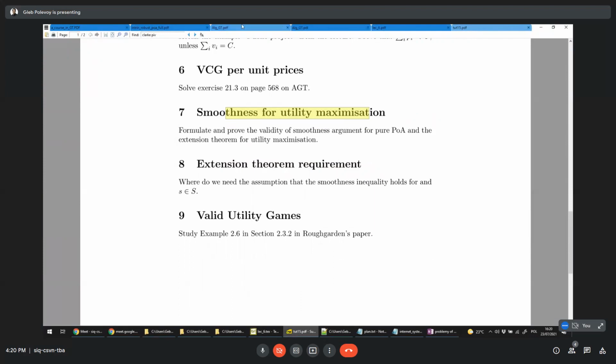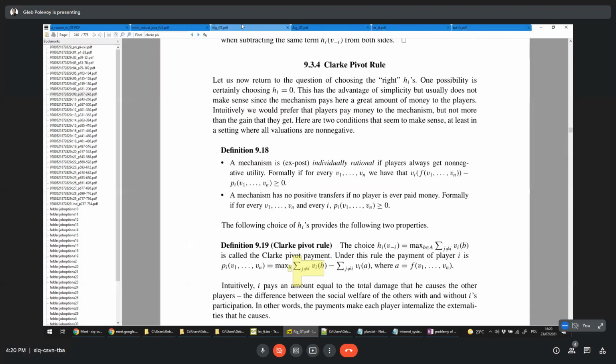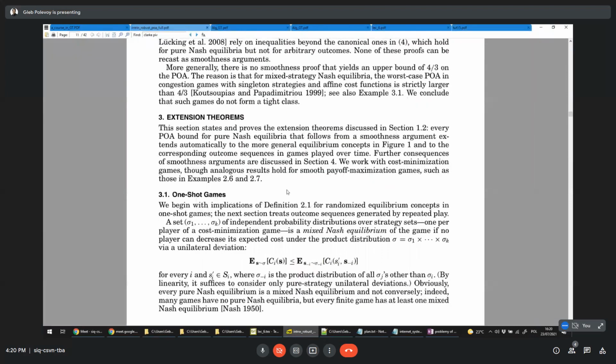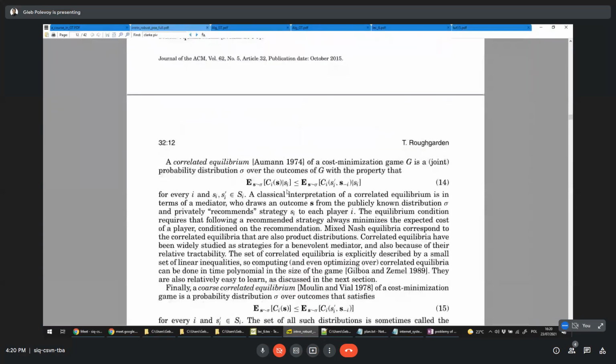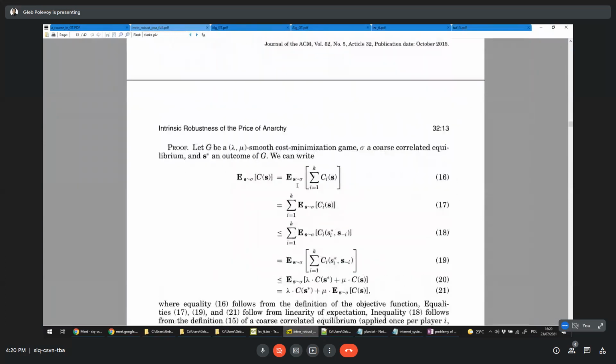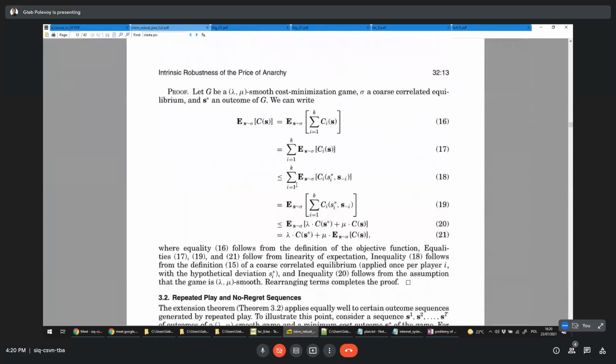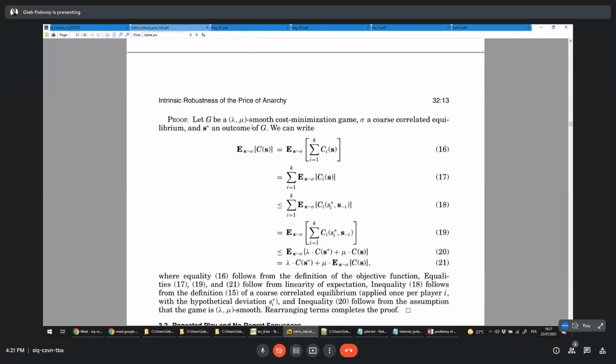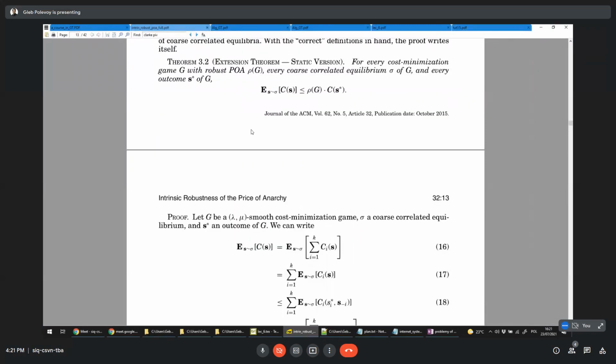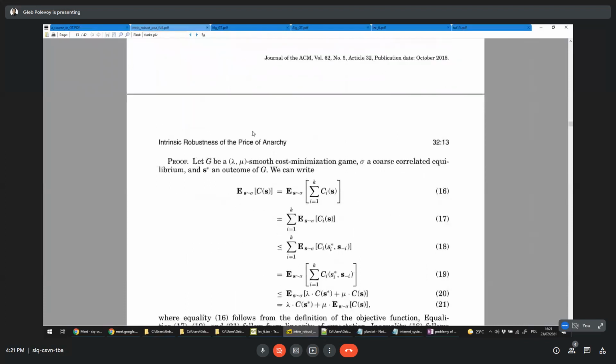That's actually something I can show you very quickly in the paper. If you have not seen that, you may be confused, but when you do read it, you will probably understand. So when I prove that this bound extends for a coarse correlated equilibrium, at some point inside this expectation, I need to use this assumption.